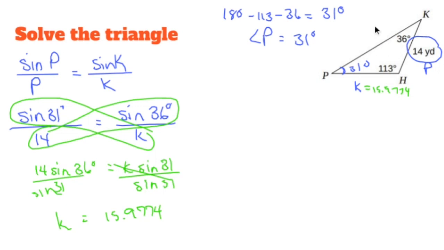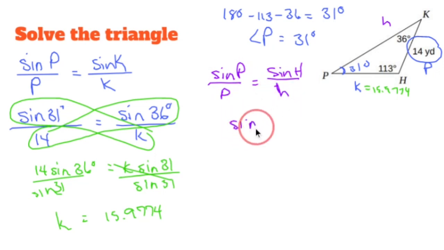I still need this little h. That's not called little h, but little h over here. So I could use this same exact information, but replace the k's with the h's. If you're like, well, why not Pythagorean theorem? This isn't a right triangle, so I can't use the Pythagorean theorem. So I'm going to use sine big P over little p again and replace the k's with h's: sine big H over little h.